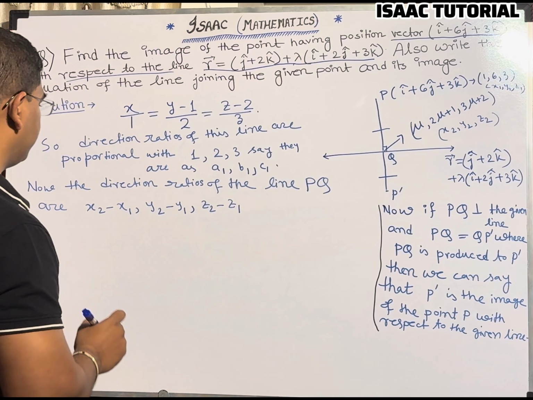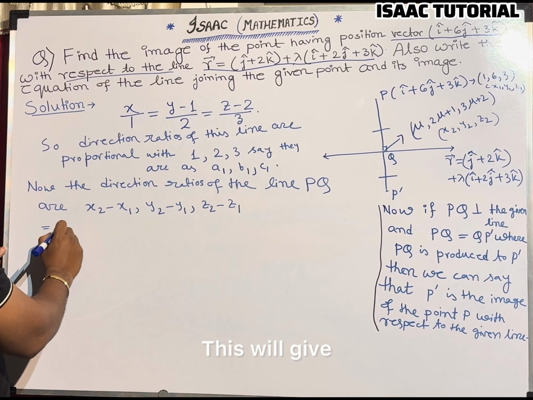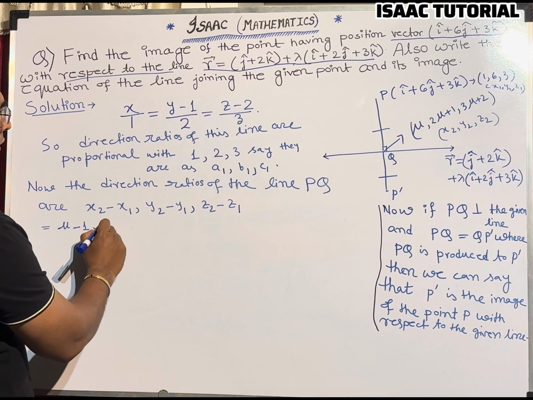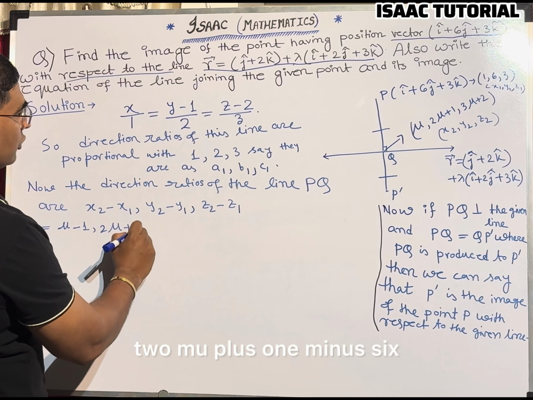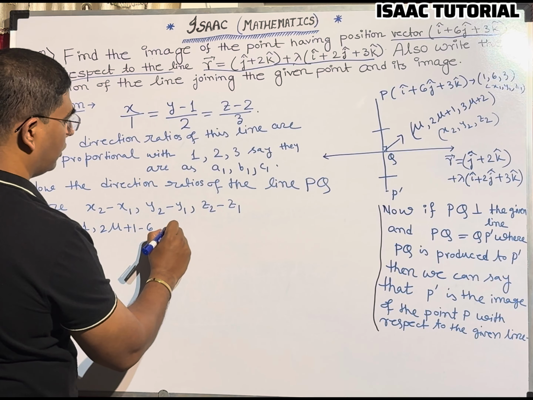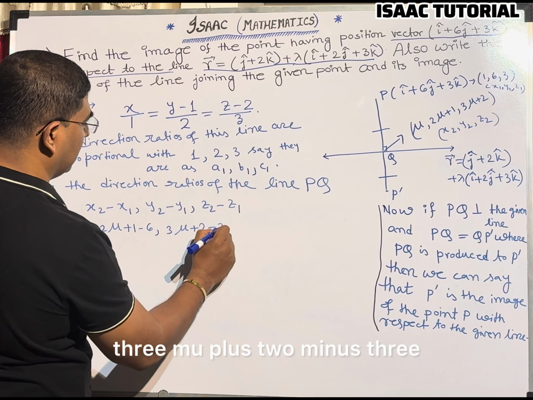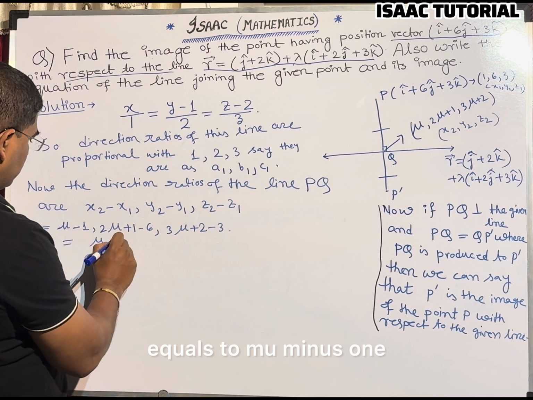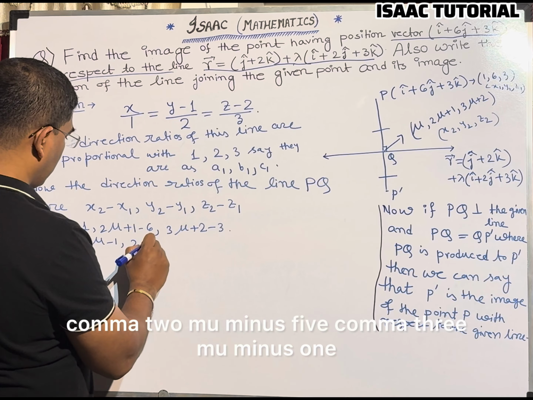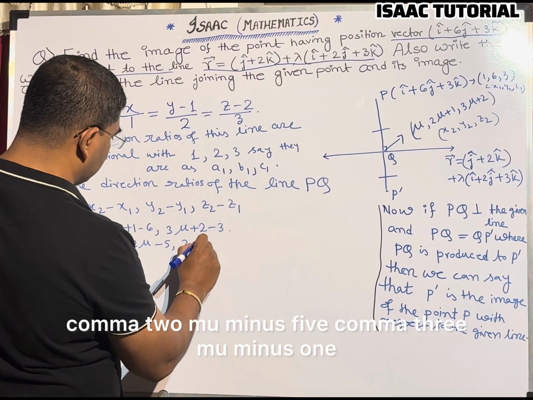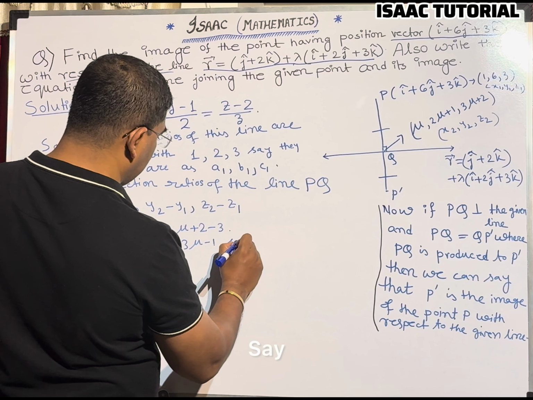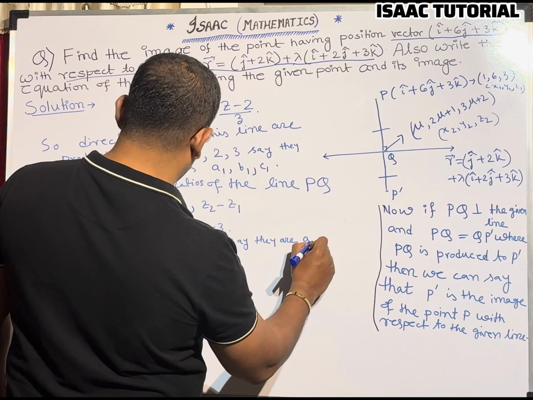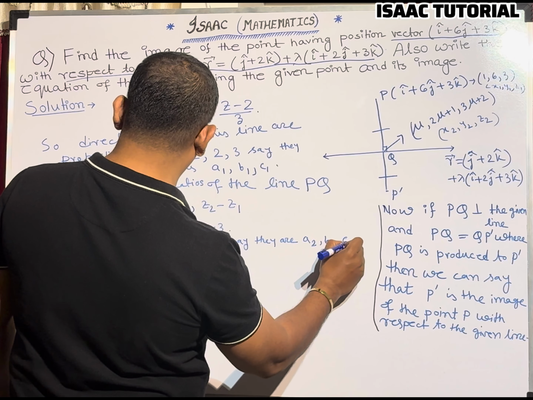Okay. This will give mu minus 1, 2 mu plus 1 minus 6, 3 mu plus 2 minus 3, equals mu minus 1, 2 mu minus 5, 3 mu minus 1. Say they are A2, B2, C2.